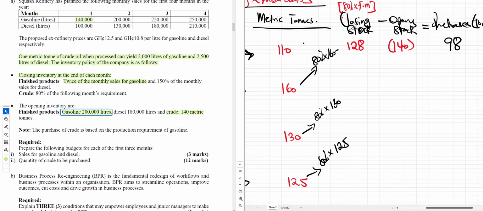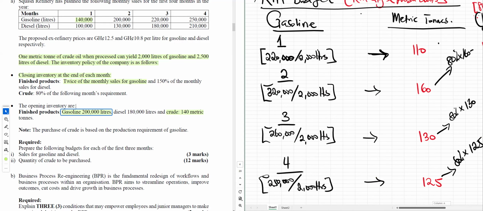Hello, Prof. Yes. Month 3 and month 4. If we use the 250, won't we be wrong? Why would it be wrong? Because when we were doing the calculation for the production budget, we did it for only 3 months.